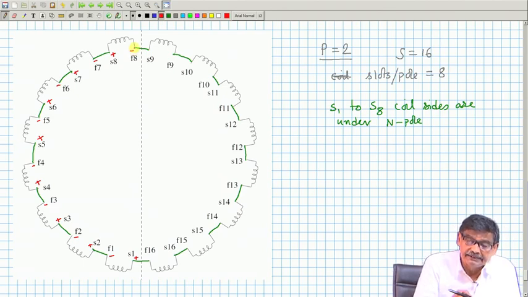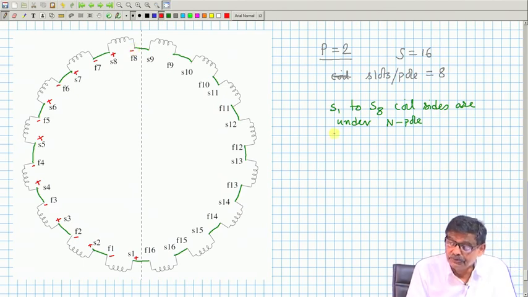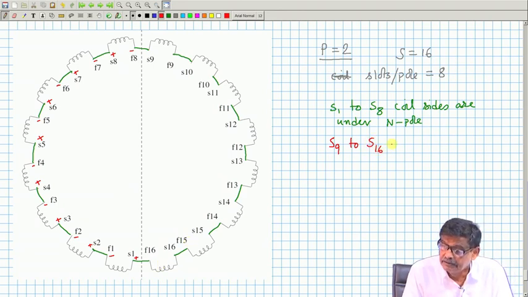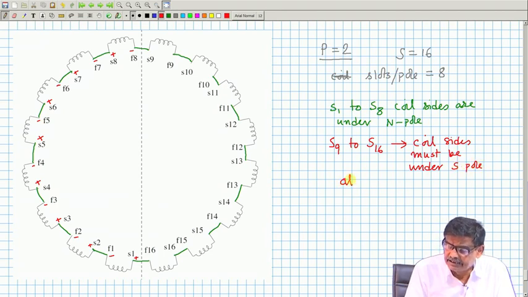And S9 to S16, these coil sides must be under the south pole, at this given instant of time.